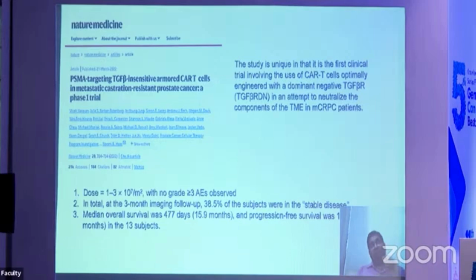But we have data from a phase 1 trial for PSMA targeting done by tumor growth factor beta insensitive armored CAR T. Now, this is a unique CAR T. It is an optimally engineered PSMA CAR along with a tumor growth factor beta dominant negative receptor. And this was used to neutralize the tumor microenvironment of the prostate, which is immunosuppressive.